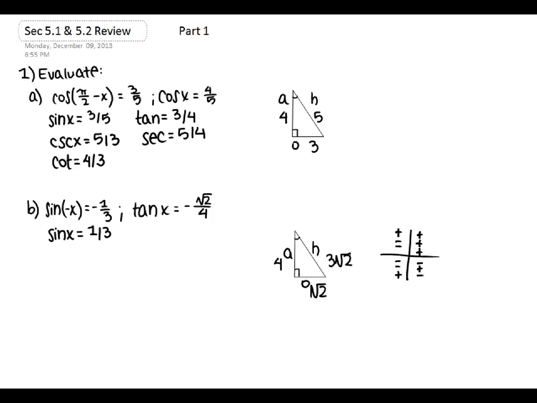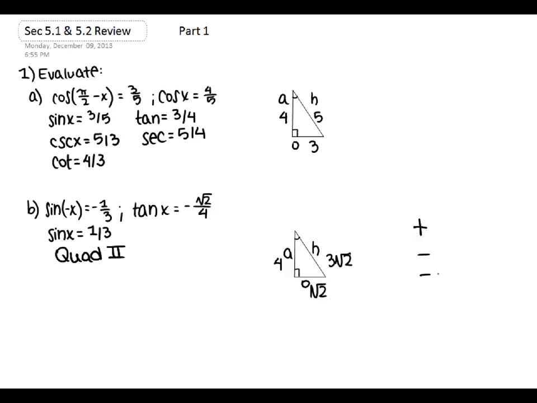Okay, so tangent is negative. So it can't be this one, and it can't be this one, and sine is positive, so it's not this one, it's quadrant 2. Okay? So quad 2. I'm just going to make a note of that quickly. And again, those signs were plus, minus, minus.